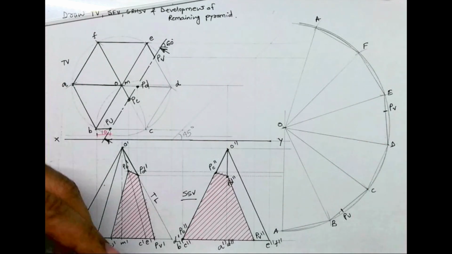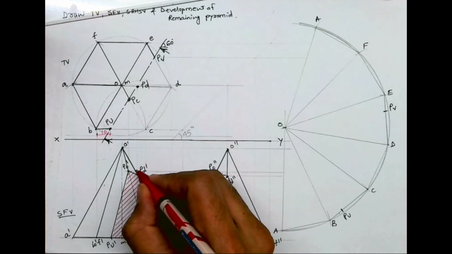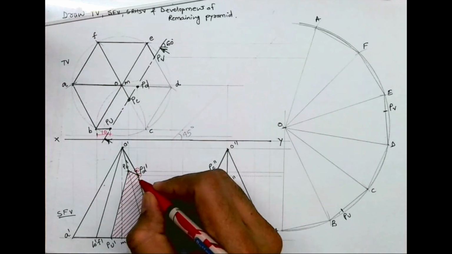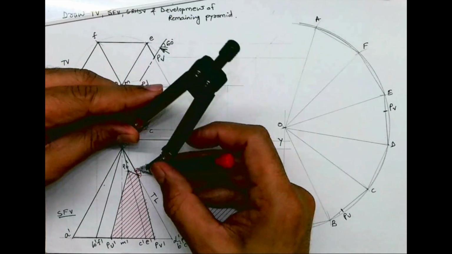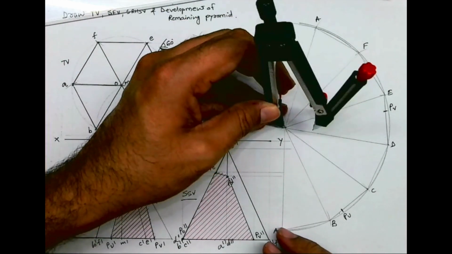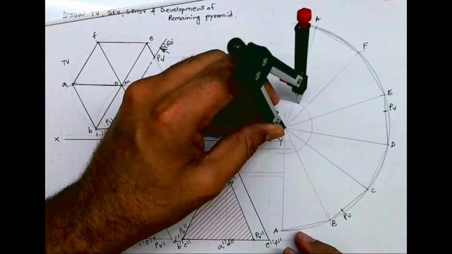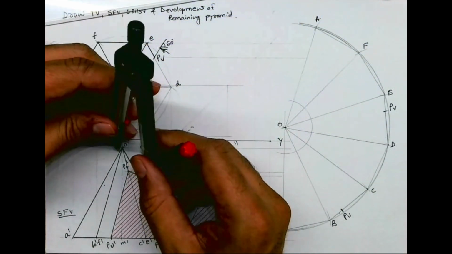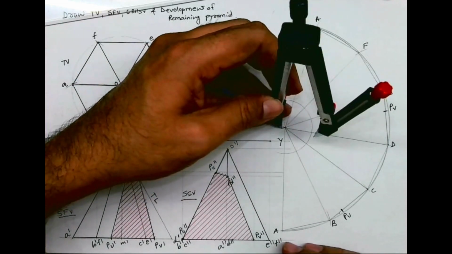Now we need to mark PC dash and PD dash. So I'll project till here in the front view, till the extreme line on true length. We'll take this distance and we rotate. Same way we'll take O to PD dash.